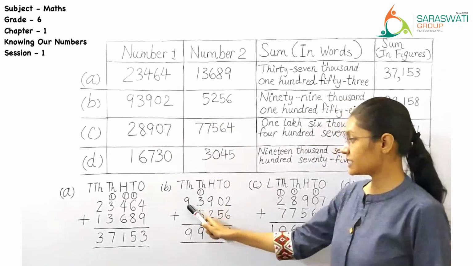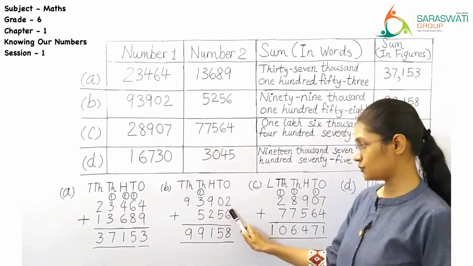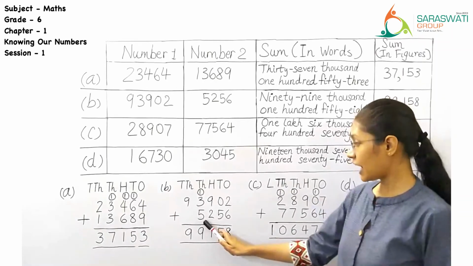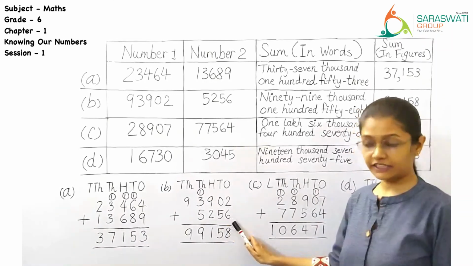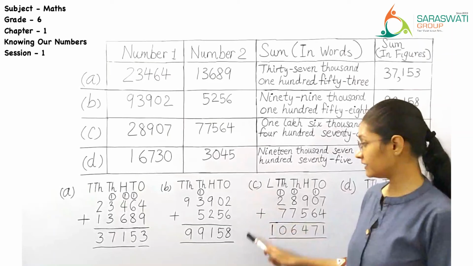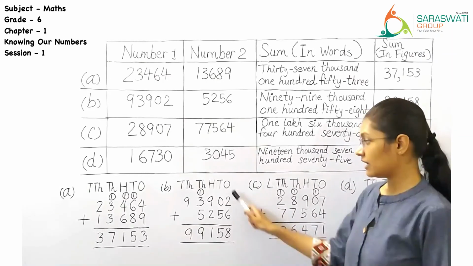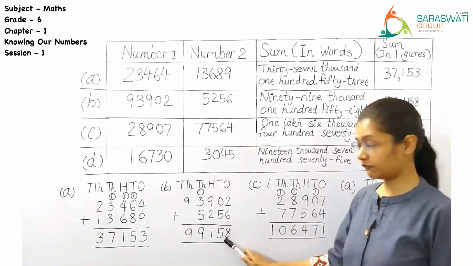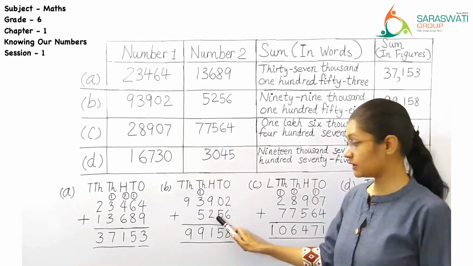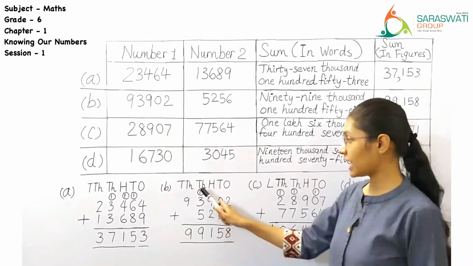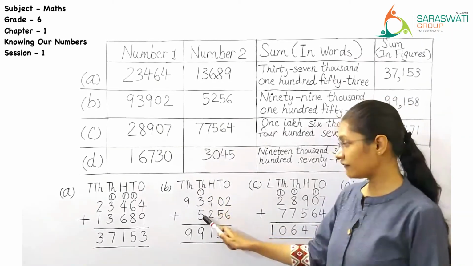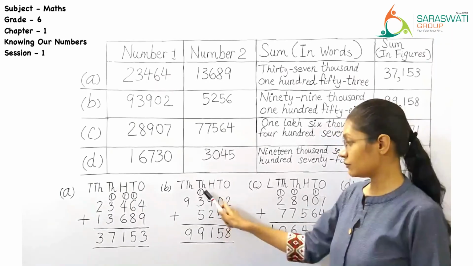Now, the second addition operation. Over here, we have 93,902 add 5,256. Starting from the ones place, 2 add 6 is equal to 8. Then 0 add 5 is equal to 5. 9 add 2 is equal to 11. So 1 and 1 carry over to the thousands place. 3 add 5 is equal to 8. 8 add 1, 9.